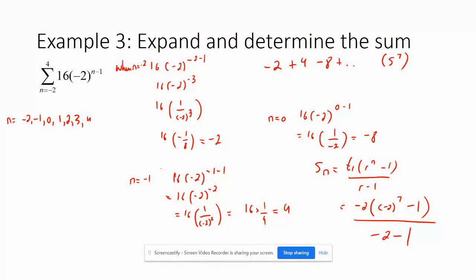I'm just going to fire this into my calculator here. I get an answer of negative 86.